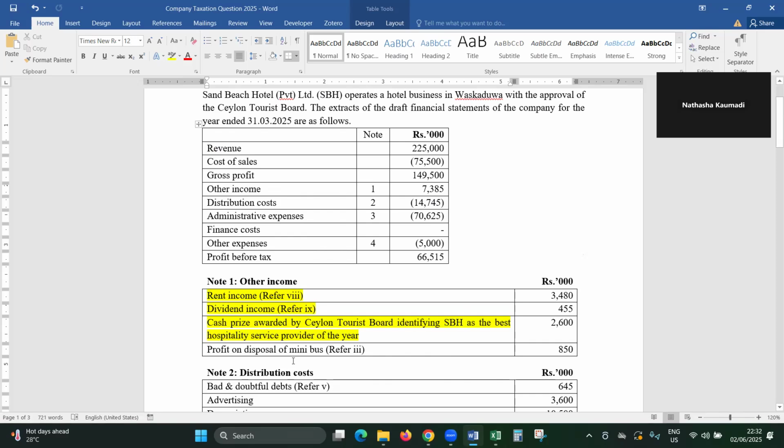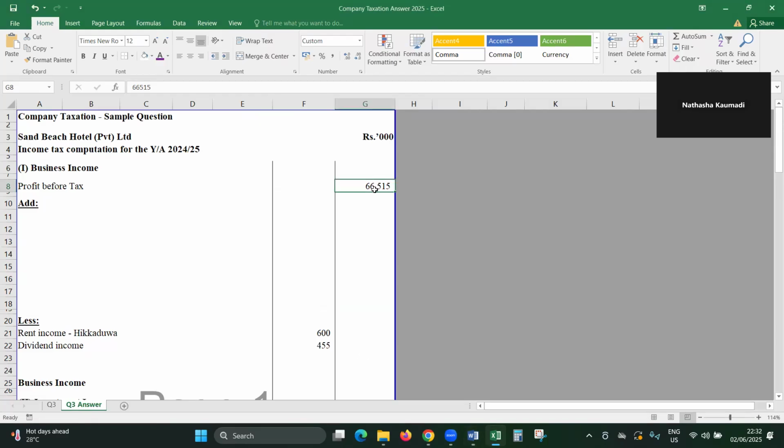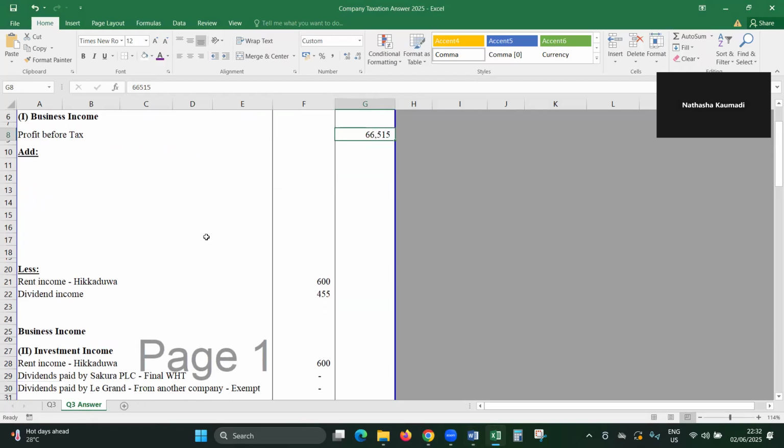Now, can we consider these profits as taxable income sources? No, right? You have to remove the accounting profit from the business income and you need to calculate the balancing allowance. This has been added as other income, 850. So I'm going to remove that first.